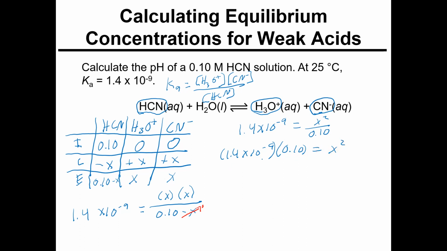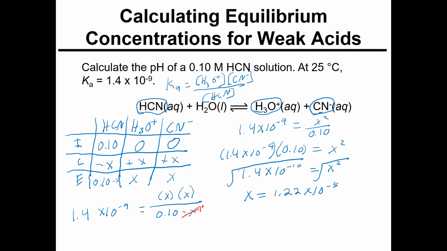So 1.4 times 10 to the negative 9 times 0.10. If you put that into your calculator, you get 1.4 times 10 to the negative 10 equals X squared. If we take the square root of that, we get X is equal to 1.22 times 10 to the negative fifth.